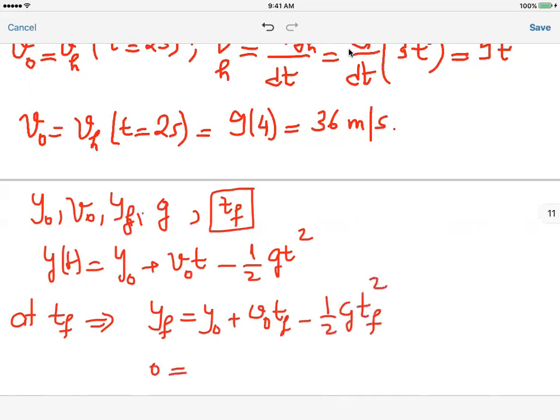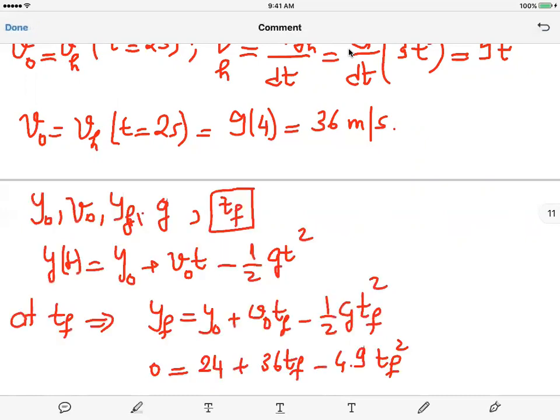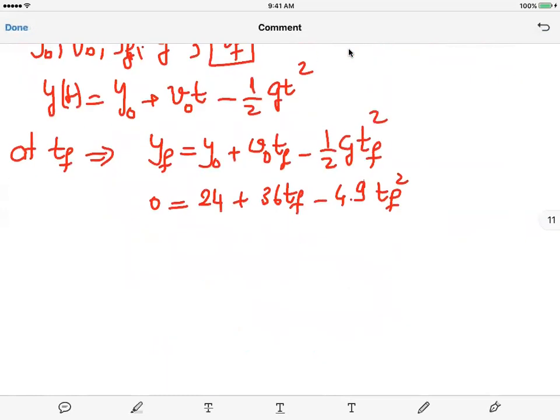So we end up with 0 equals 24 plus 36 t final minus 4.9 t final squared, since 9.8 divided by 2 is 4.9. And so we end up with a second order equation in time tf.